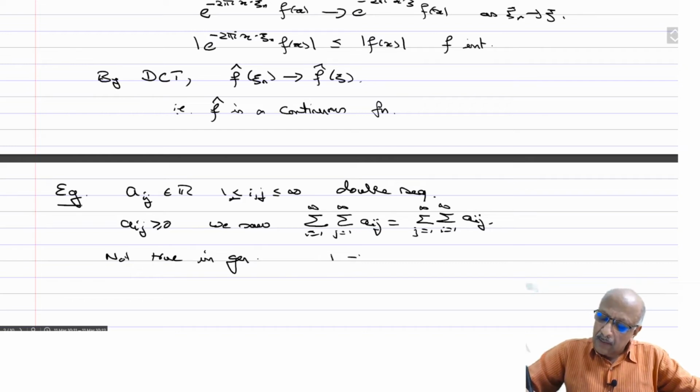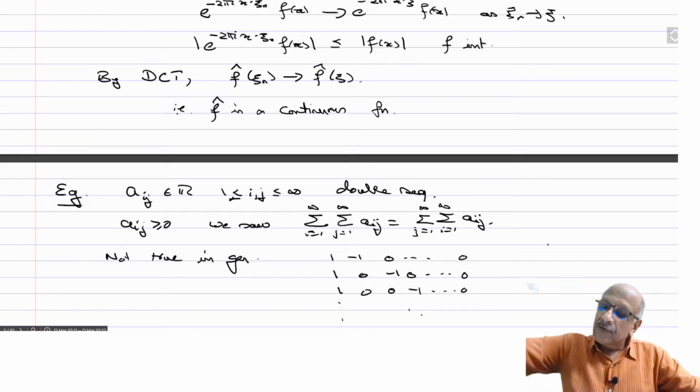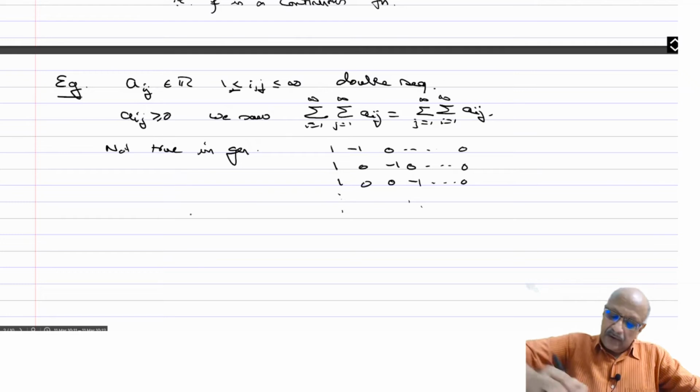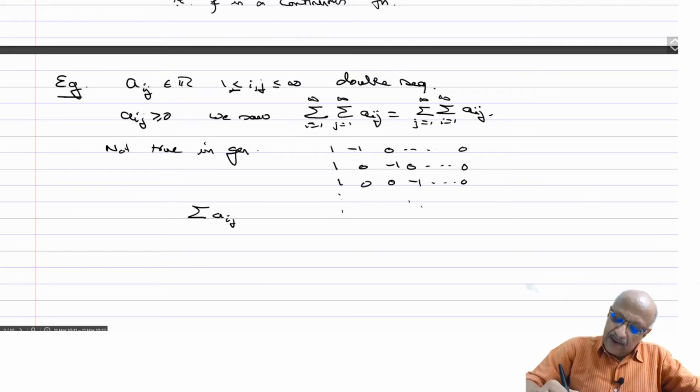You have the array with rows 1, -1, 0, 0, ...; 0, 1, -1, 0, 0, ...; 0, 0, 1, -1, 0, and so on. Let us go on like this. Then if you look at the sum of a_ij as j goes from 1 to infinity, this is 0 for all i.